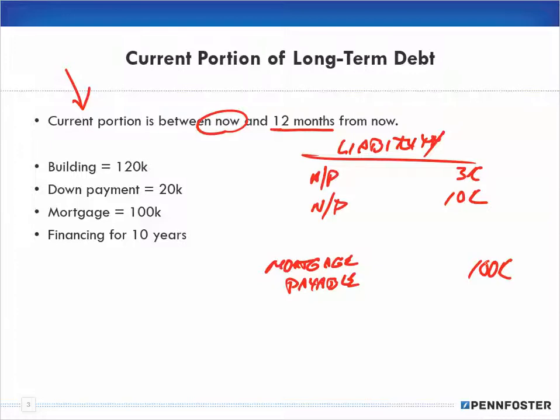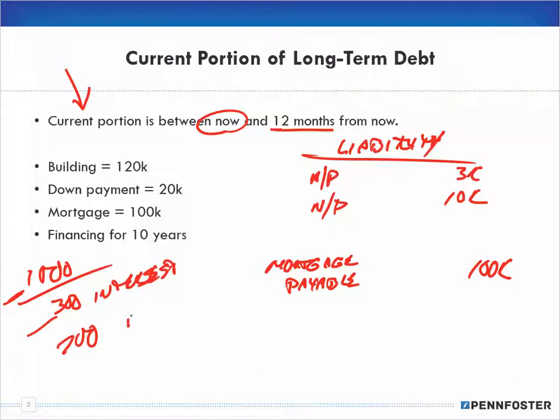Now, when I make my payments, whatever those payments are going to be, let's just say it's $1,000 a month. Again, I'm just making this up, I'm not doing the exact numbers. Let's say 300 of that is for interest. As I make those monthly payments, I'm going to make an entry against my interest, and also an entry for the $700 against the mortgage payable.